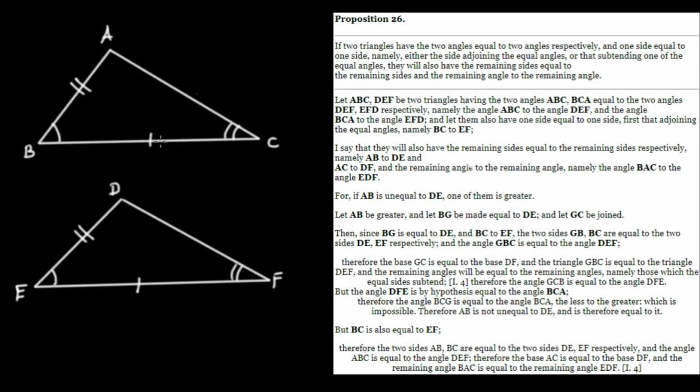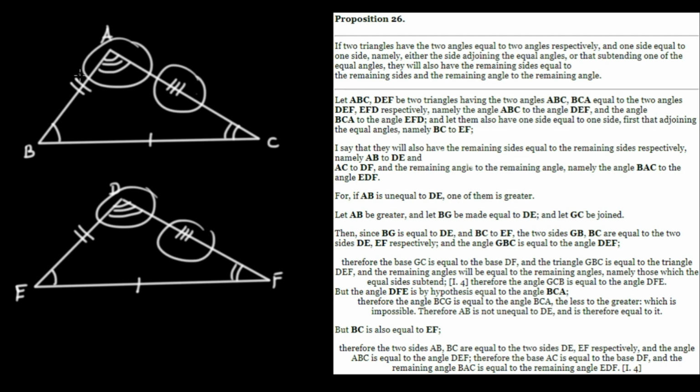Since we have side angle side in both, we can use proposition 4 to infer that the base AC is equal to the base DF, and the remaining angle BAC is equal to the remaining angle EDF. Just another usage of proposition 4. Therefore, given angle side angle, that relationship between two triangles, we may infer that the other sides and angles are equal.